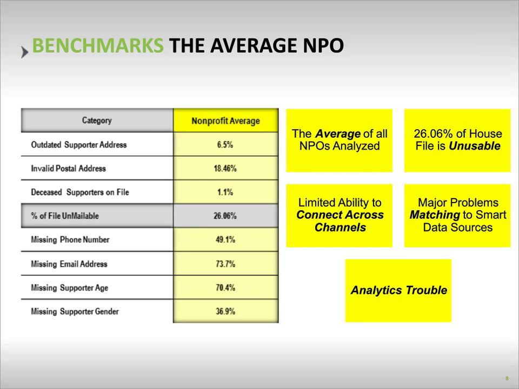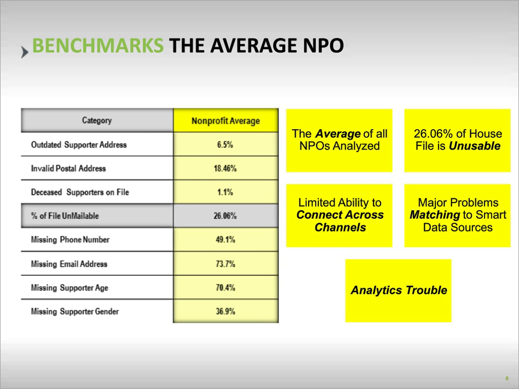These organizations are probably at a point where they are looking to do analytics or looking to append data to help them leverage their information even more. But they're going to struggle a little bit because right off the bat, they instantly have 26% of their file that is just not ready for that information. So they're going to have to go through some address cleanup steps prior to being able to maximize their output with any kind of analytics, fundraising, or data appending project that they do.